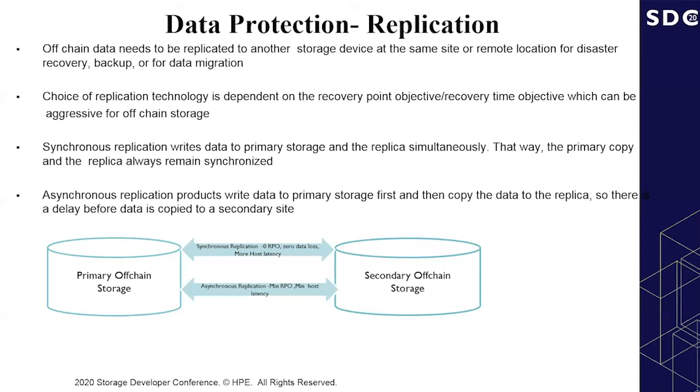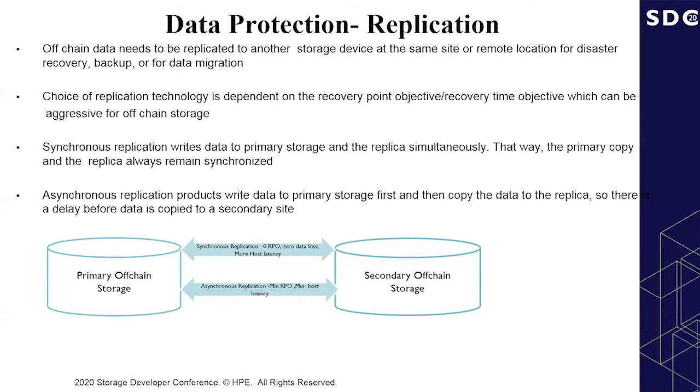When we talk about RPO and RTO, RPO is the maximum amount of time that can be lost in the event of a disaster, and RTO defines the maximum amount of time that elapses following a disaster before the application is back online. As we can see in this diagram below, synchronous replication has zero data loss and zero RPO.